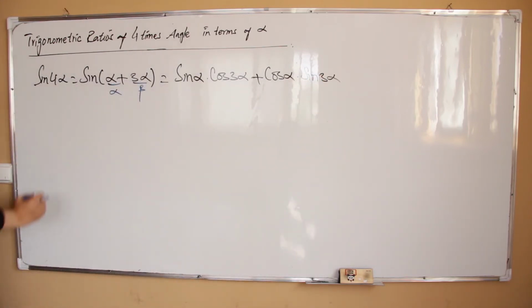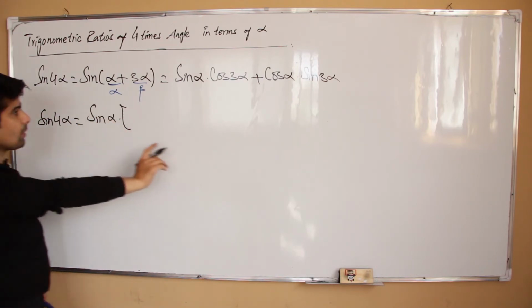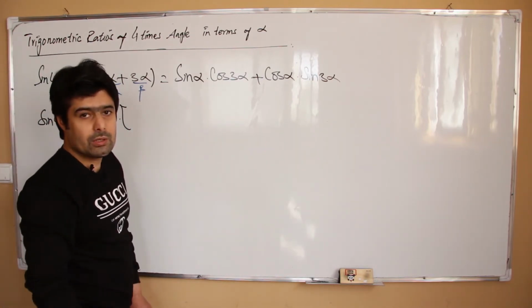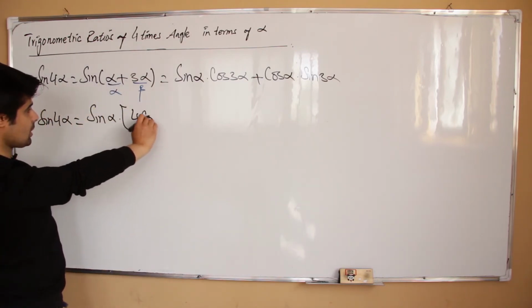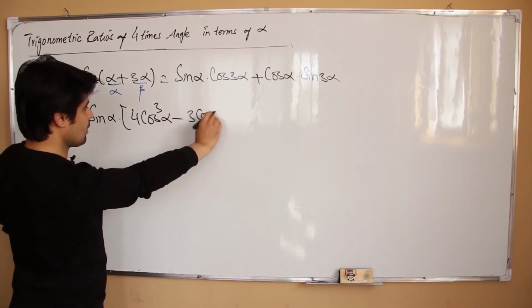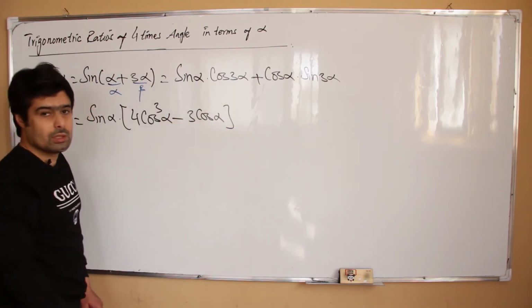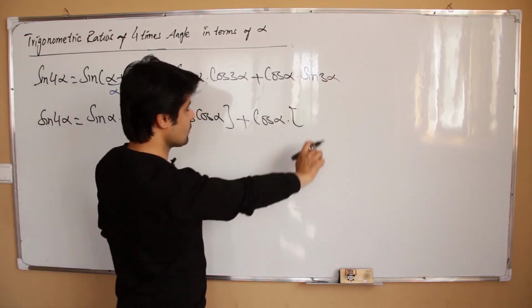Now sine of alpha plus 3 alpha, it's 4 alpha. Sine alpha, put this one. Now what's the definition for cosine of 3 alpha in terms of alpha? It is 4 cosine cube alpha minus 3 cosine alpha. Am I right? Yes. Plus cosine alpha. Now what's the definition for this one?